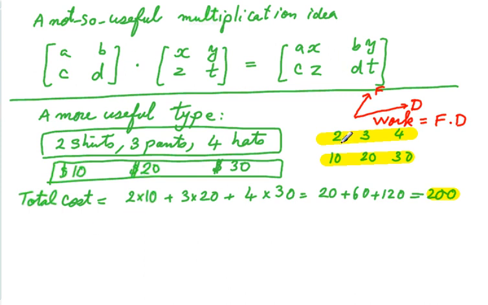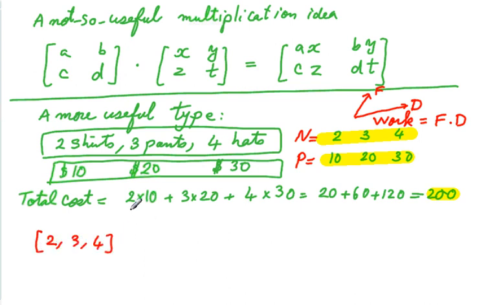Now, in physics class, they could write these things any number of ways. In linear algebra, we kind of insist on a particular format for these things. So let me call this one array of numbers, and this one array of, say, prices. I take my numbers and write it like this: 2, 3, 4.